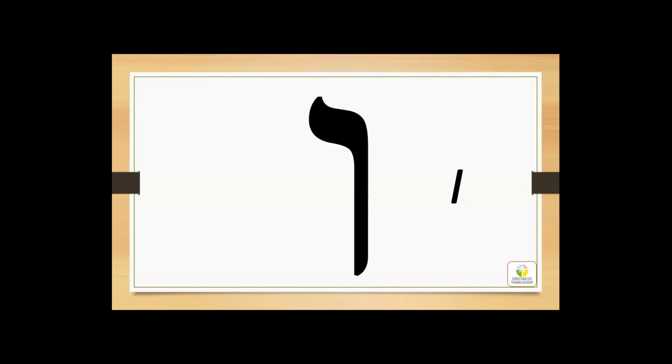Right. Good. Let's continue. Here we have Vav. V-A-V. Vav is a pointing instrument that can put things together. Vav is a binder.